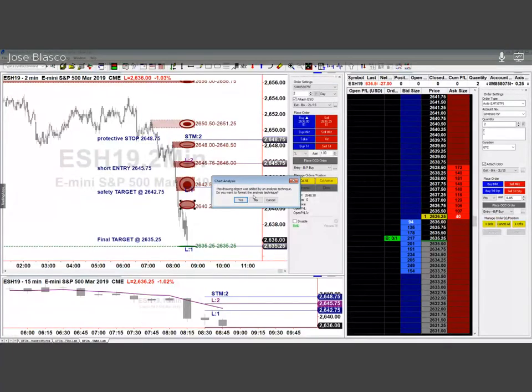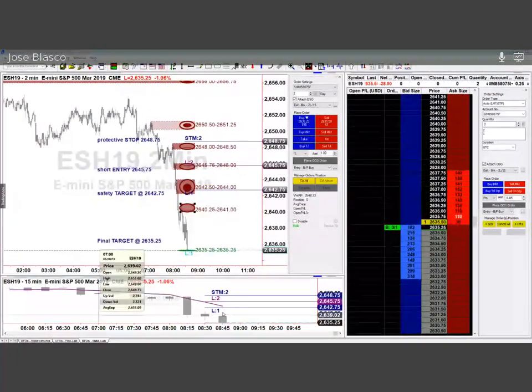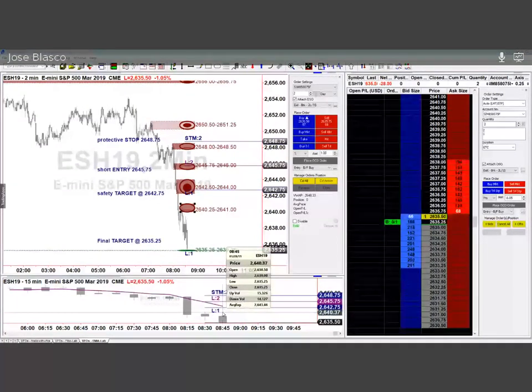So let's take a look at what is the value of the moving average, which is 43.6.